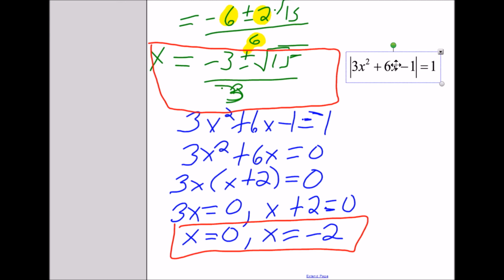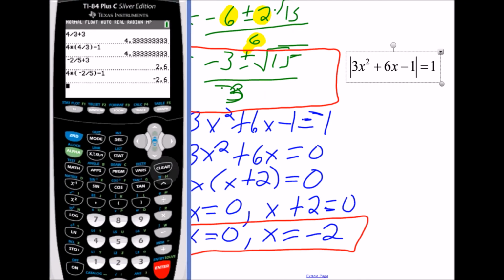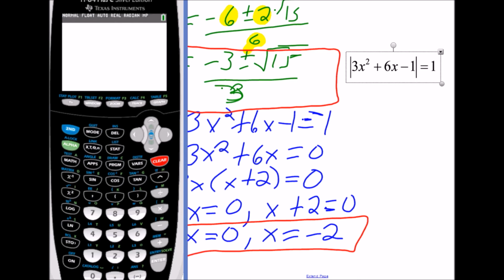Let's see if I can get that calculator back out. All right, so I have this number, I'm going to find out what this is first. This negative 3 plus or minus the square root of 15 all over 3. I'm going to go negative 3 plus the square root of 15.